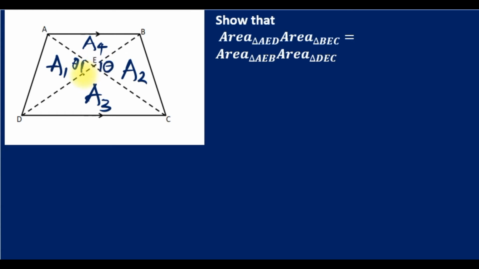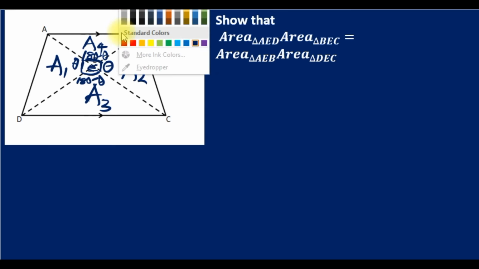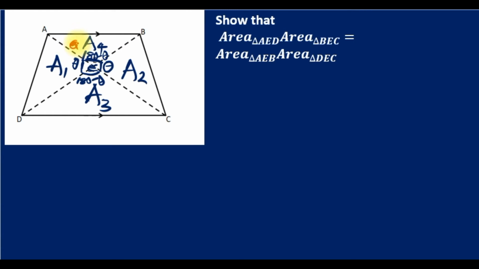Again, this is a straight line, so this should be 180 minus theta. By the vertical angle theorem, this is also 180 minus theta. Let's call AE A, EC B, DE C, and finally EB D.